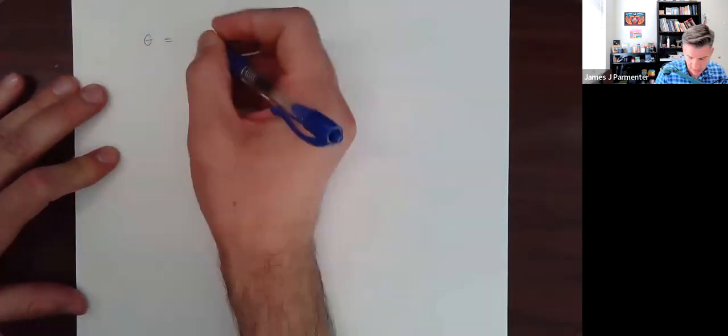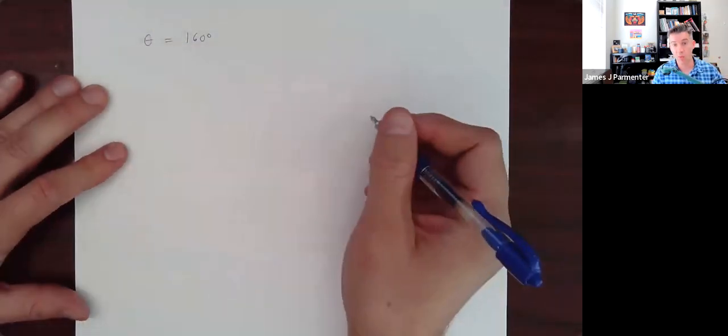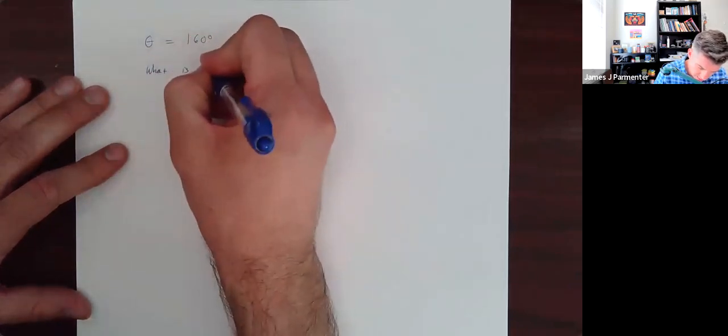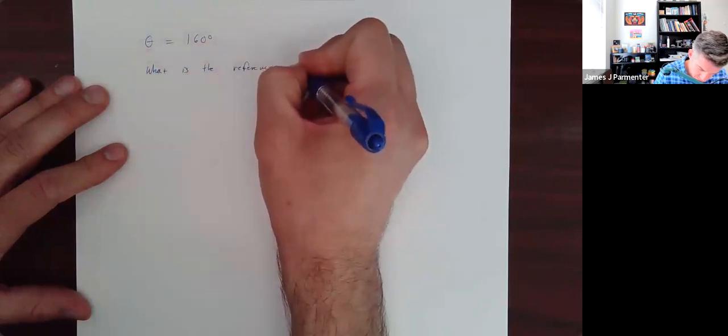So what is a reference angle? Well, let me give you an example first. So let's say our angle, let's say theta is, I don't know, 160 degrees. What is the reference angle?